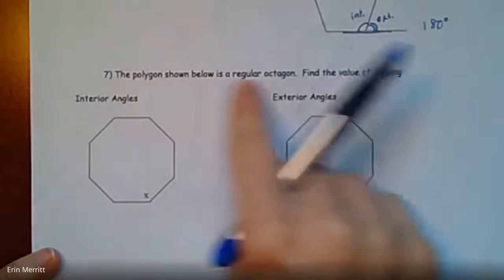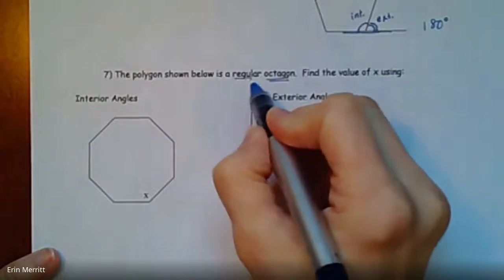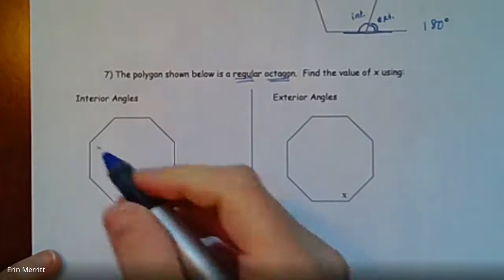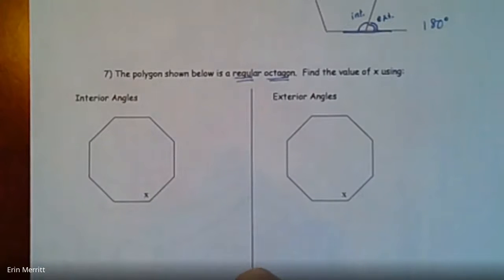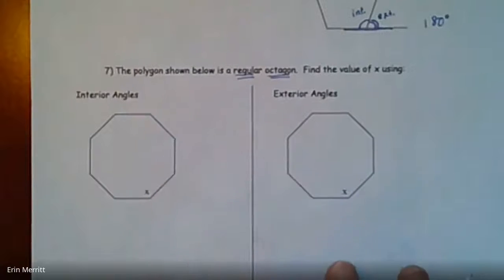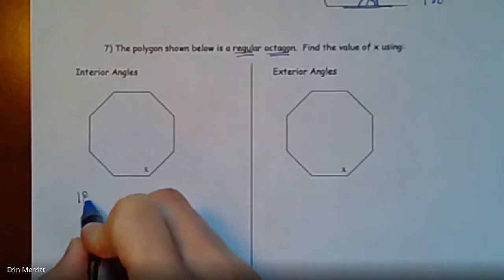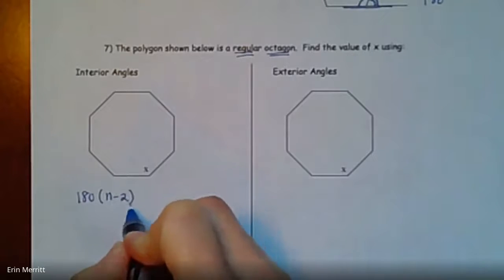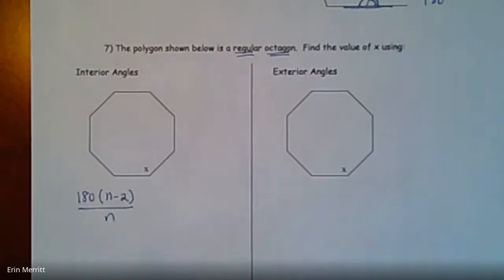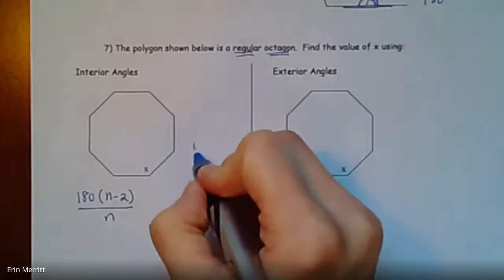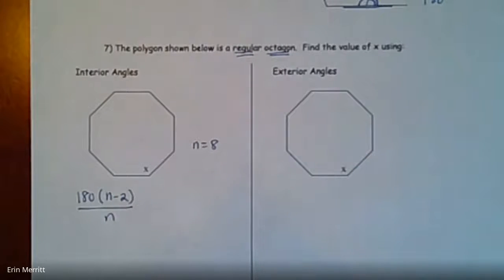So the polygon here, we've got an octagon and a regular octagon. So all the sides are the same, which means all the angles are the same. So solving for an interior angle, this is good practice right here. So a single interior angle is 180 times n minus 2 divided by n. All right, the n in this case would be 8 for 8 sides.